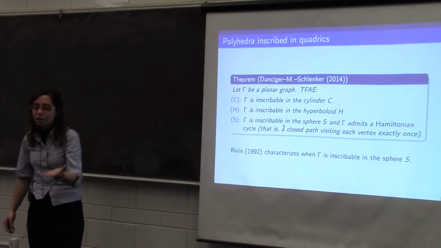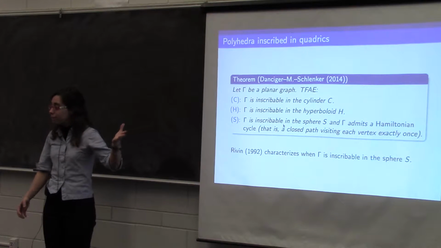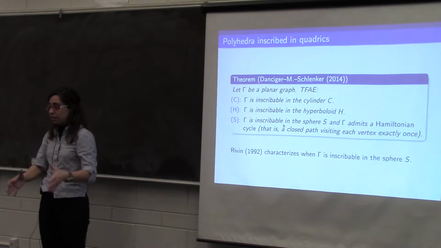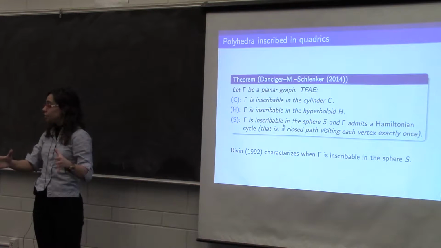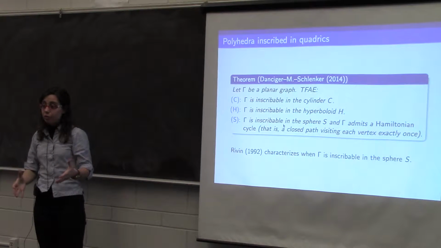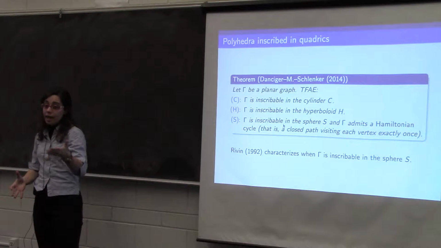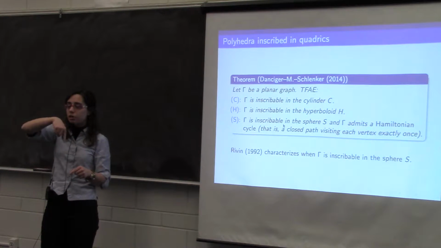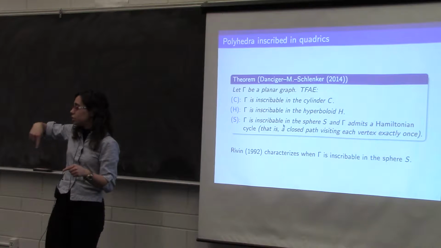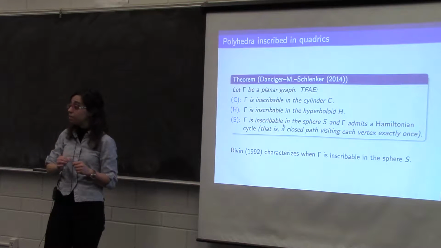Okay, so what we find out is that a graph is inscribable in the cylinder if and only if it is inscribable in the hyperboloid, if and only if you can inscribe it in the sphere and it has a Hamiltonian cycle. Okay, so a Hamiltonian cycle is a curve that passes through each vertex exactly once.